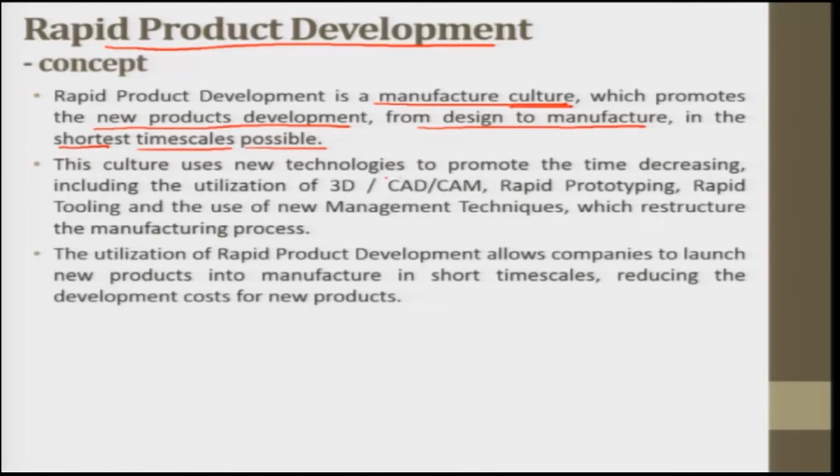We need to reduce the times because of short times to market. In the present scenario, this culture uses new technologies to promote the time decreasing, including utilization of 3D CAD, CAM, rapid prototyping, rapid tooling and the use of new management techniques which restructure the manufacturing process.